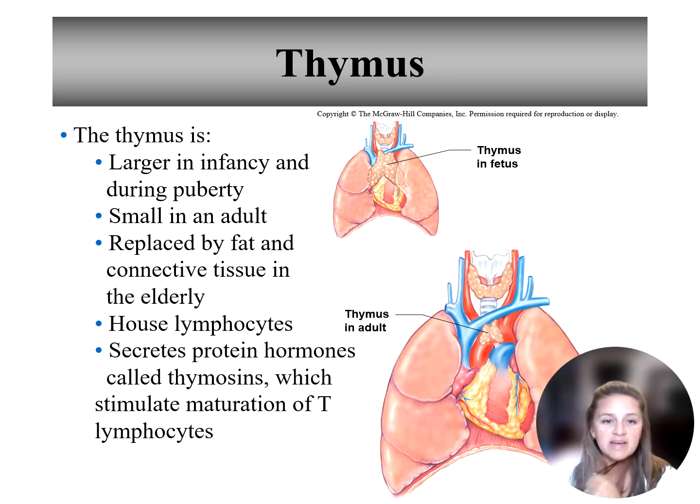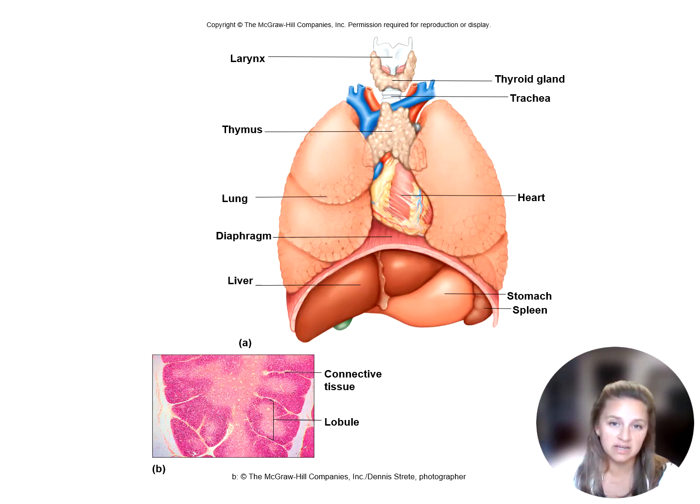It's replaced by fat and connective tissue in the elderly, and this is what houses lymphocytes. It secretes hormones called thymosins, which stimulate the maturation of T lymphocytes. T cells are part of the immune system, and we're going to see what they do. But the hormone that matures T cells comes from the thymus.